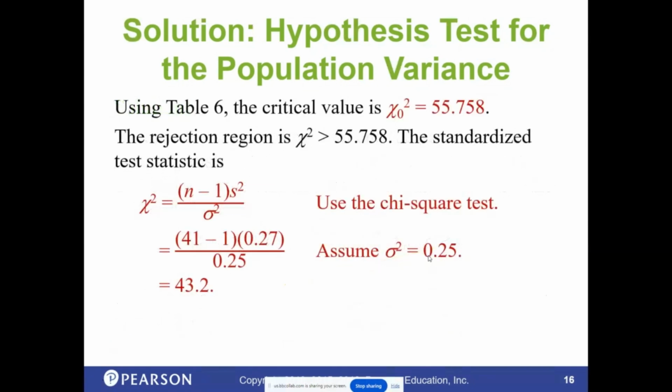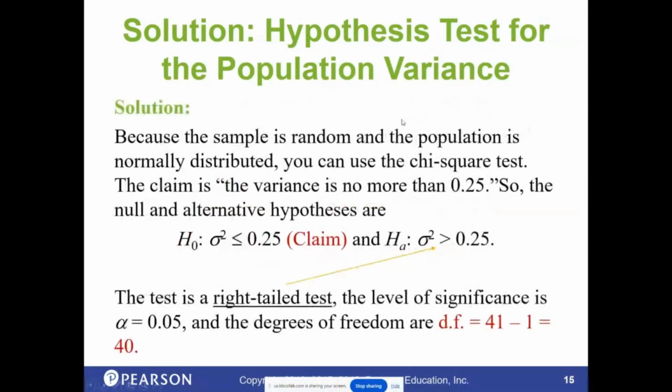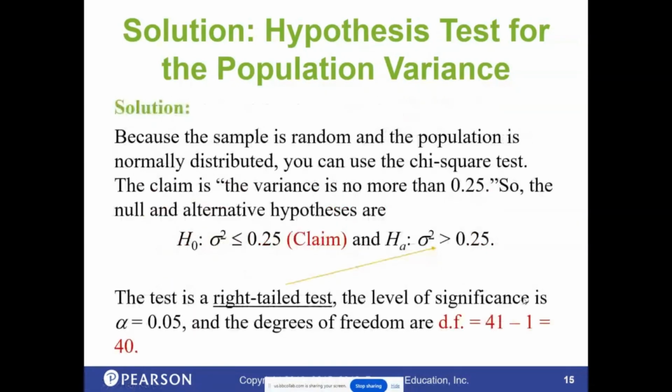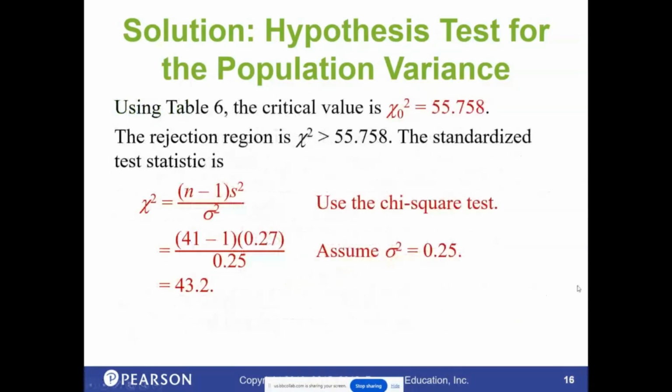So when I go to find my critical value, I'm going to look up 40 and our alpha of 0.05, and you should, from the chi-square table, get that the critical value is 55.758. So that's going to tell me my boundary on my rejection region. The rejection region is going to be chi-squared is greater than 55.758.